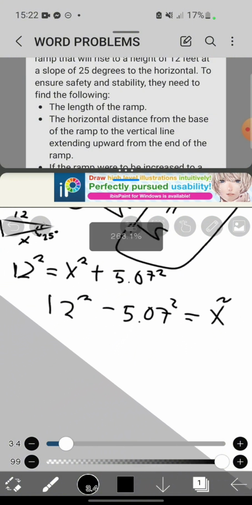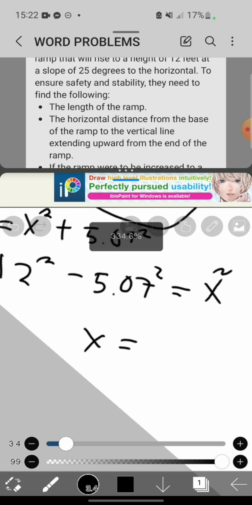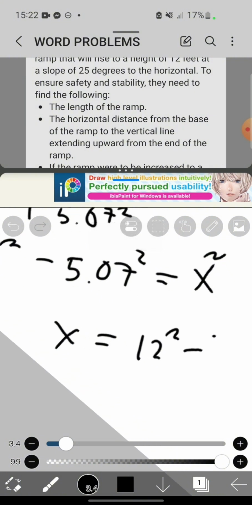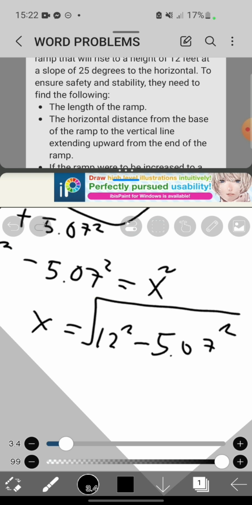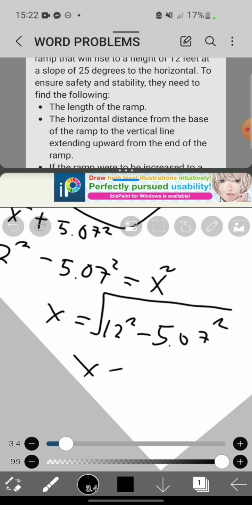So x is the square root of 12 squared minus 5.07 squared. Just put it into our calculator.